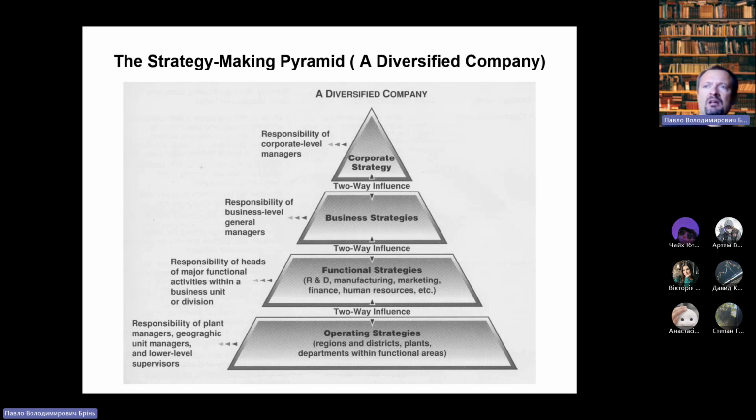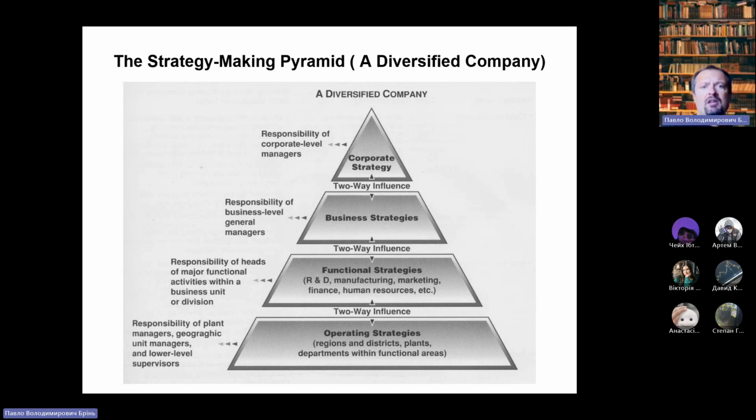It could be differentiation, or it could be price leadership, and you will see that we are adding another one, and it will be not just two, but five types of strategies. But in the literature you can find a lot of classifications.